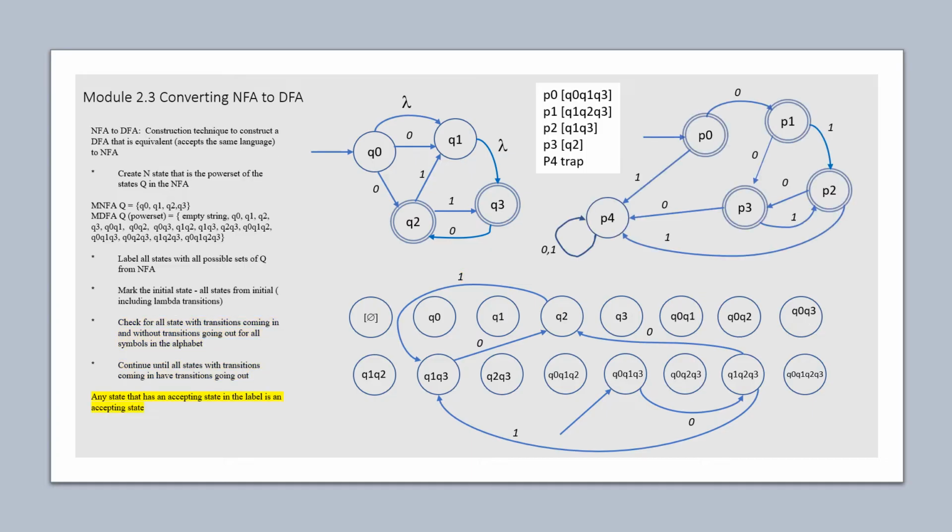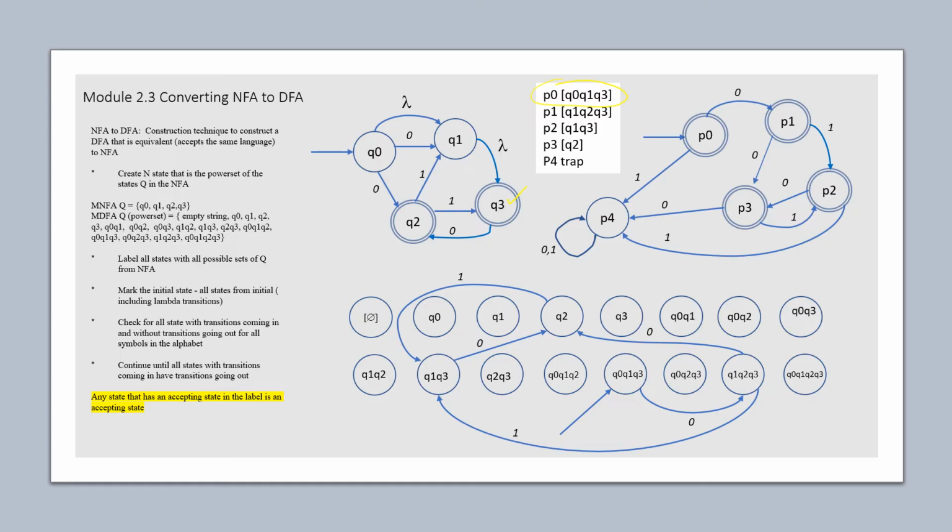So now let's make a little table of that and rename. Q0, Q1, Q3 I have renamed to be P0. That is our initial state, right? Out of Q0, Q1, Q3, are any of them accepting?